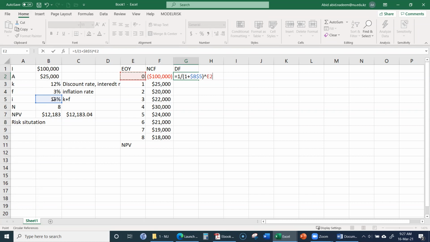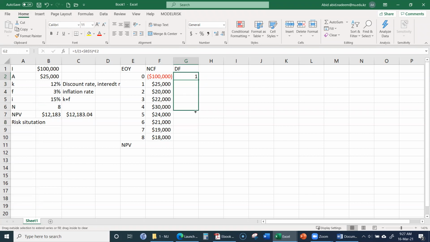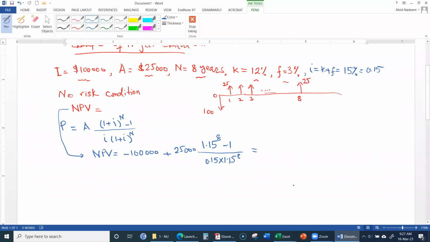The discount factor for the initial investment is 1. The discount factor at the end of the first year applies to the 25,000, and we get the other discount factors by this formula. Remember the meaning of the discount factor: in engineering economy terms, if we have a future cash flow of F, then it is related to its present cash flow by this formula.